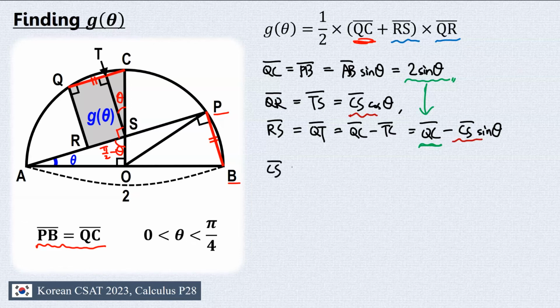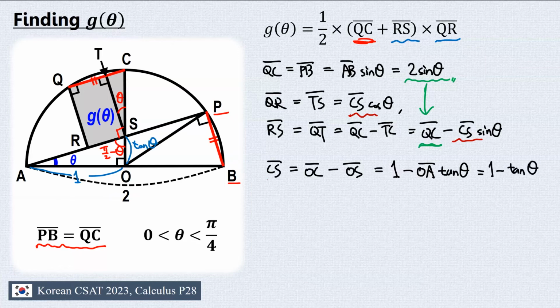Here, CS equals OC minus OS, and the length of OC is simply 1, which is the radius of the circle, minus OS equals OA tangent theta, and this length OA is also 1, so the length of OS is simply tangent theta. So we have 1 minus tangent theta.